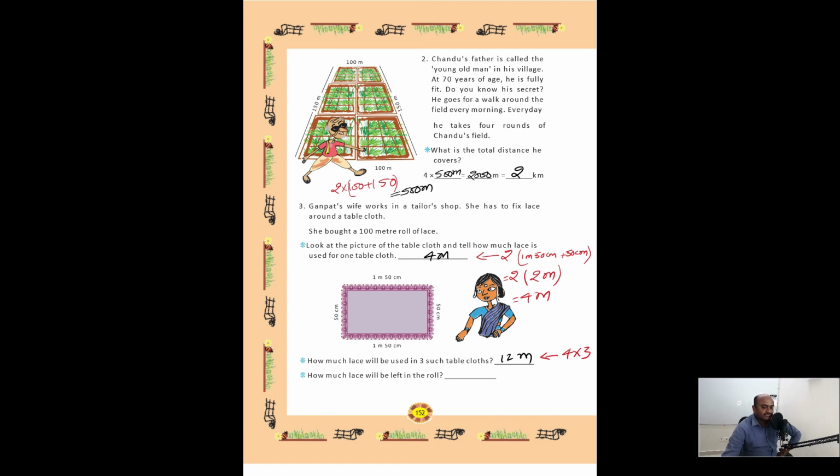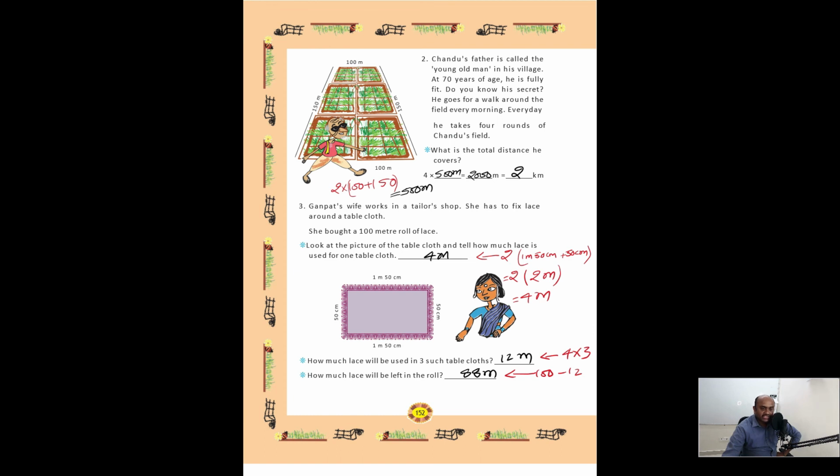How much lace will be left in the roll? So she bought a 100 meter roll. 100 minus 12 is 88. Okay. So this is how you have to calculate how much lace she requires.